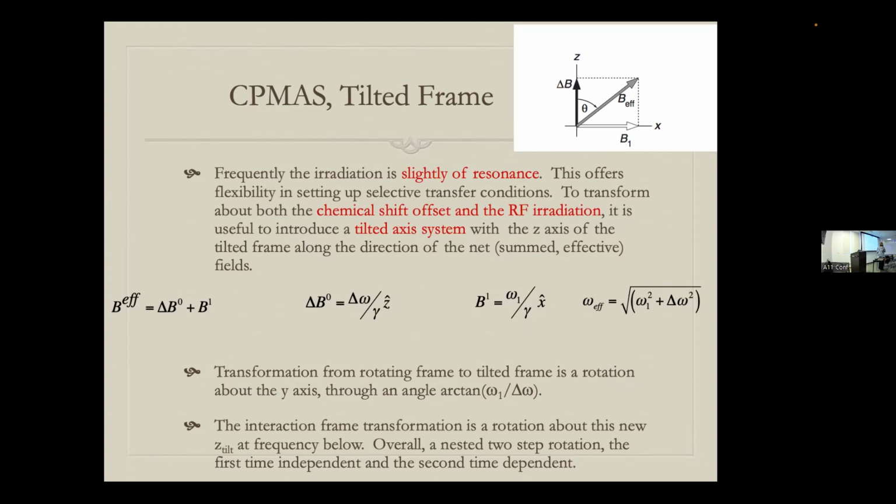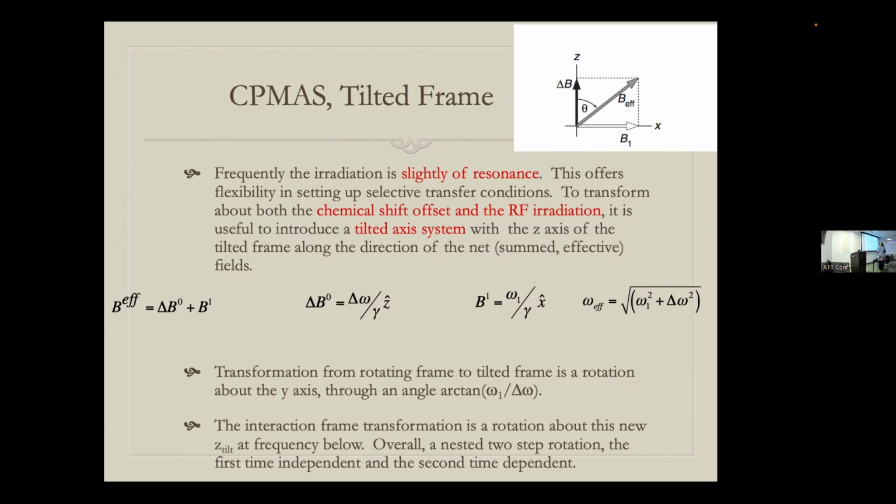But now we're going to talk about the effective field, the whole field. So I kind of like that effective field axis to be my Z axis. So that's a tilt of the axis transformation, just a rotation around Y. So you're moving your Z axis, and it's not time dependent.